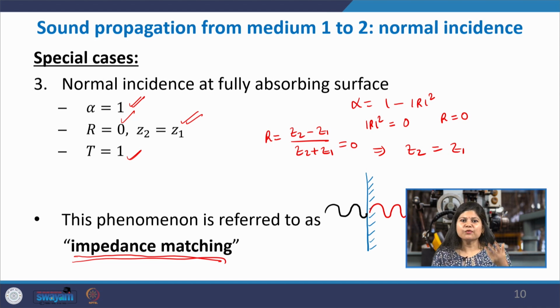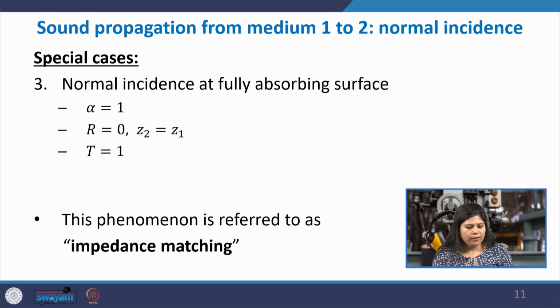They might be different on other parameters. We might have media with different densities, or different bulk modulus, but overall the impedance becomes the same. So, acoustically for a sound wave, it behaves as if the medium is continuous and there is no difference at all. Both are offering the same resistance, and hence the sound wave propagates through as if there is no change in the medium at all. Fine. So, this is the impedance matching case.